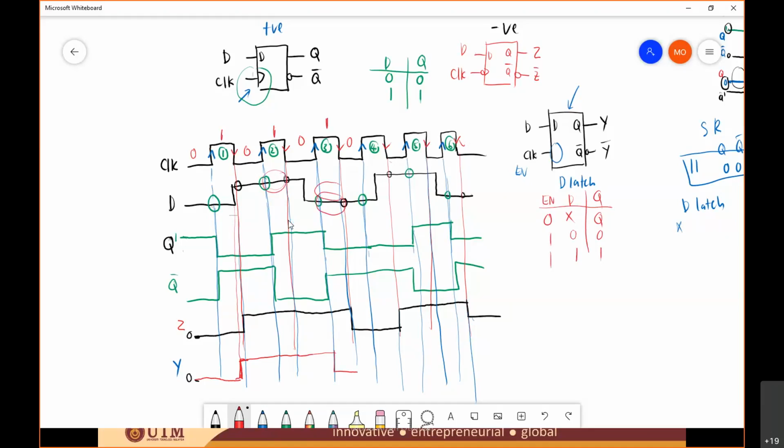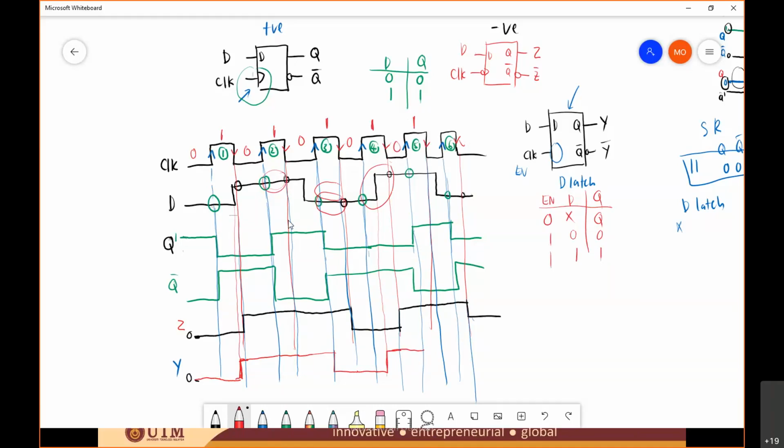Kosong, this is a no change. And since this is 1, you need to see your input D. Daripada sini sampai sini kosong and then suddenly it becomes 1. Kosong, this is a no change.